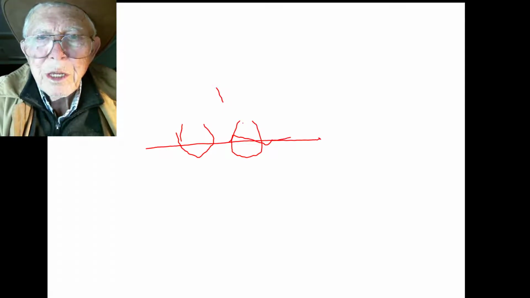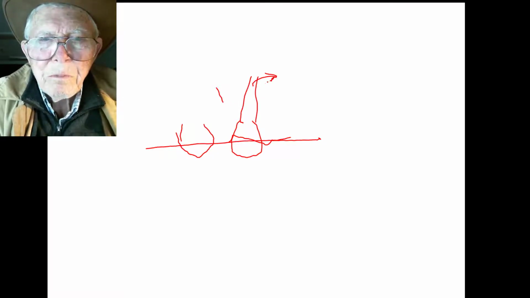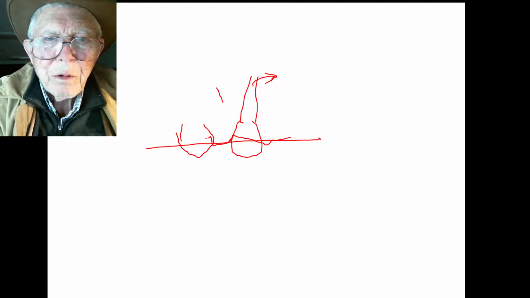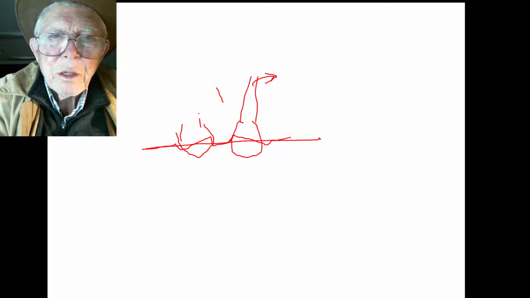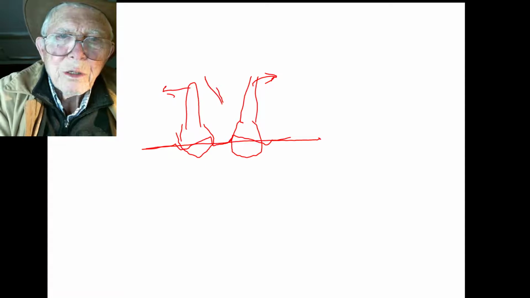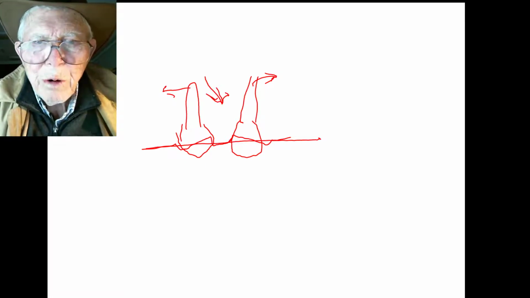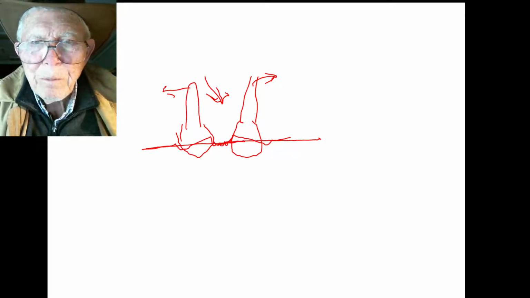Now that will tend to make this root go in this direction, and we put a distal tip. In other words, we came down and came up, came across this way, and it tends to make this root go this way, and we'll try to get the cuspid tooth down in that space. And then we've got a spring in between here, pushing the teeth apart.